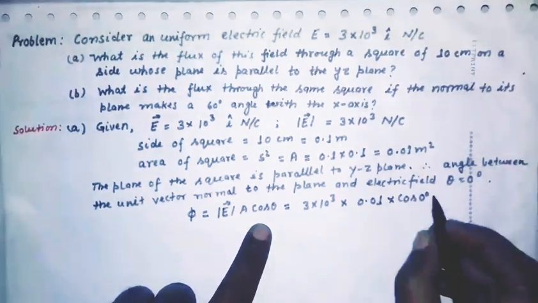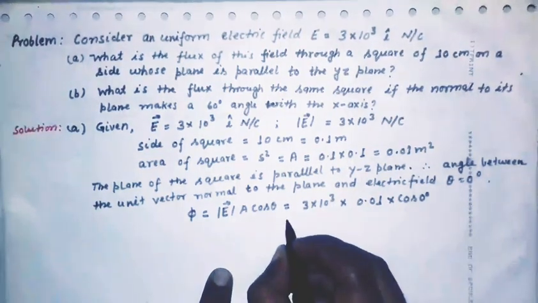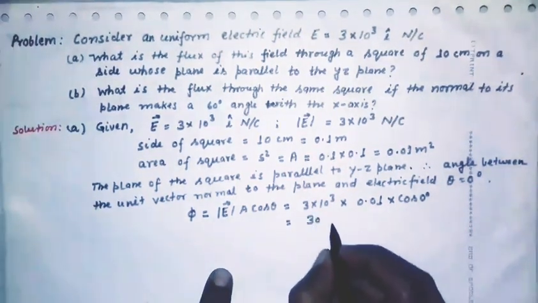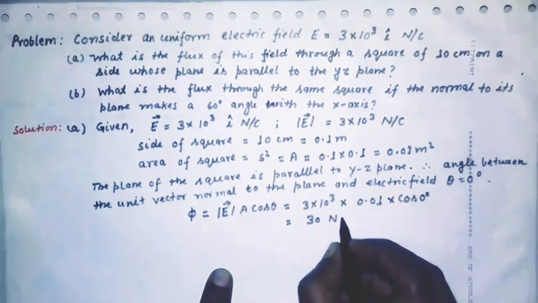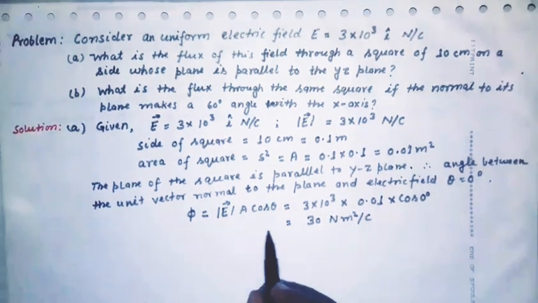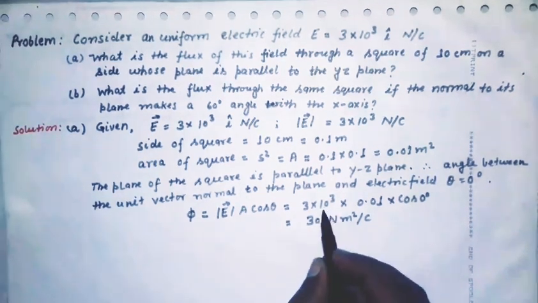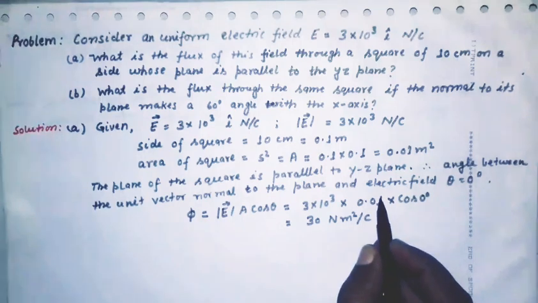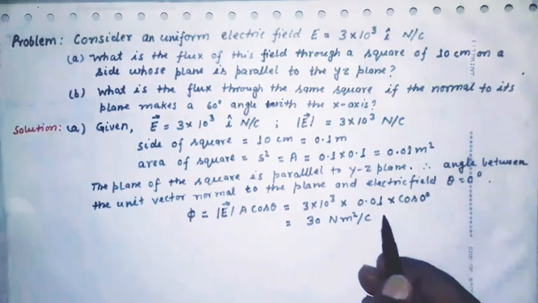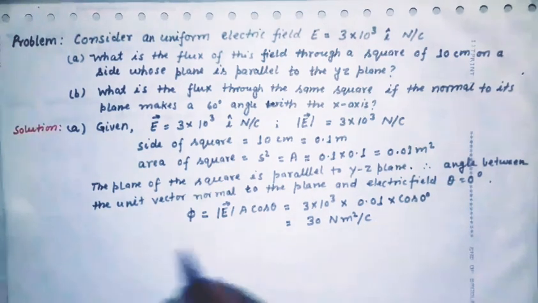So cos 0 degree is 1. This will be 30 Newton meter square per Coulomb. This 10 to the power 2 will be multiplied with this quantity, cos 0 turned into 1, and 3 into 10 is 30 Newton meter square per Coulomb.